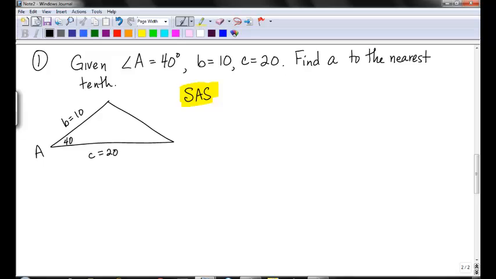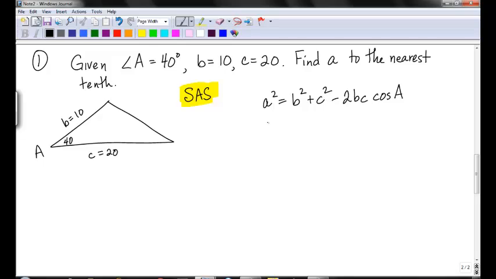They want you to find a. I do want you to write the formula down. So you'd have a squared equals the sum of the squares of the other two sides, b squared plus c squared, minus twice their product, 2bc, times the cosine of the included angle. Notice the included angle is always the same as that side, so cosine of a.